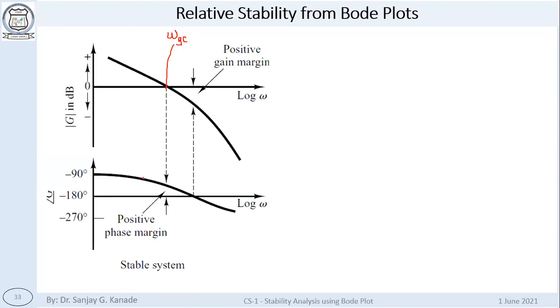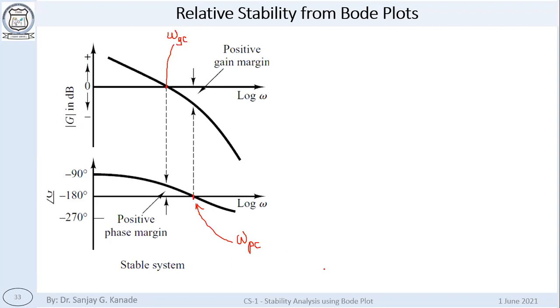Similarly, when phase crosses minus 180 degree, it is called phase crossover frequency, omega PC, right? Now, how do you calculate the gain margin and phase margin from that?